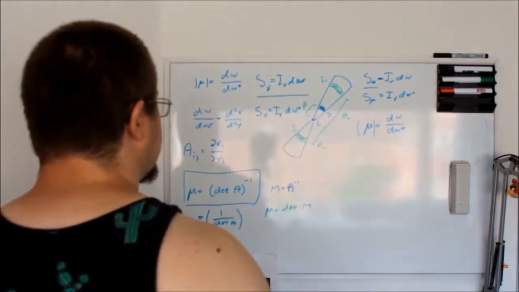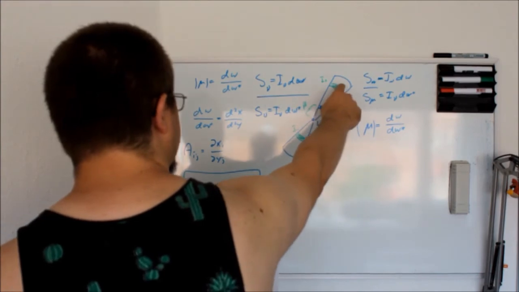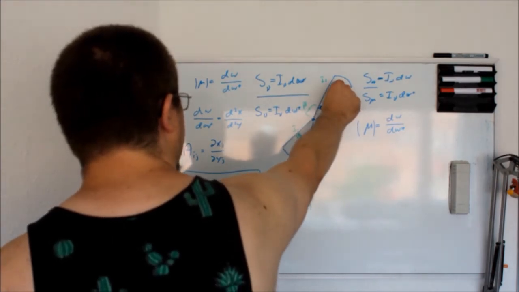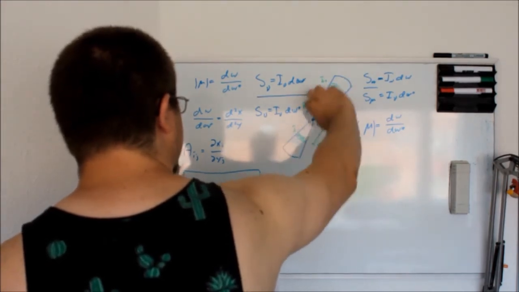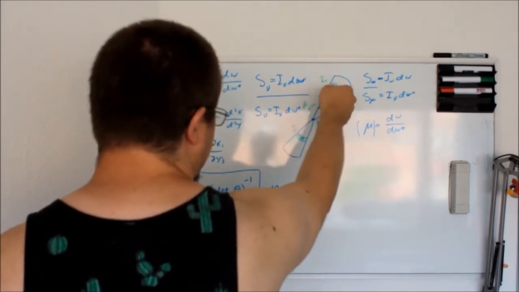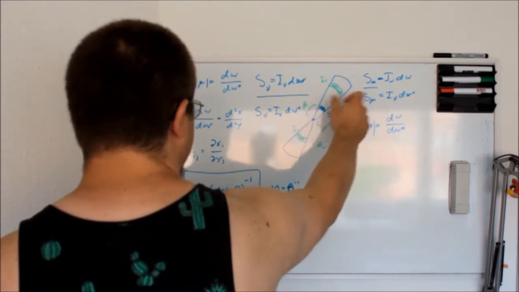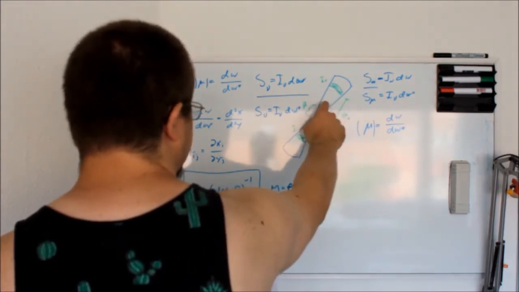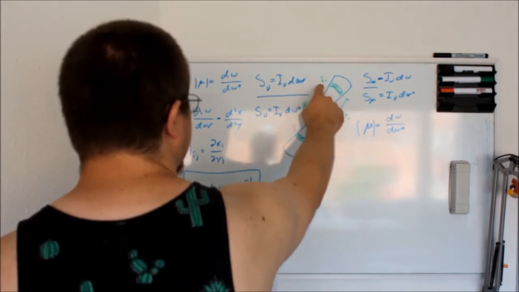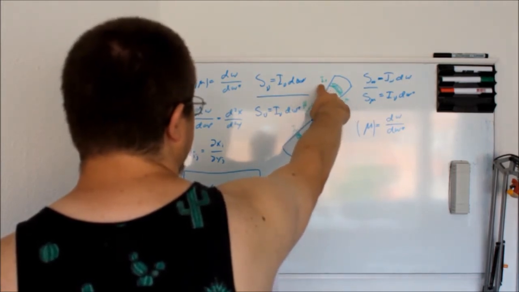So you can see that the shape of the magnification from this image due to the lens gives it the same shape. Sorry, the shape of the image is the same as the shape of the source. So that gives it a positive parity.